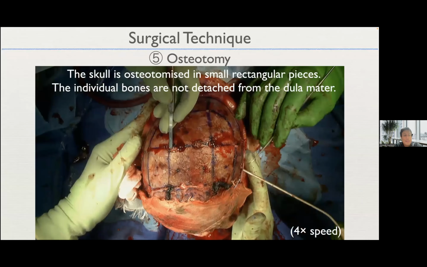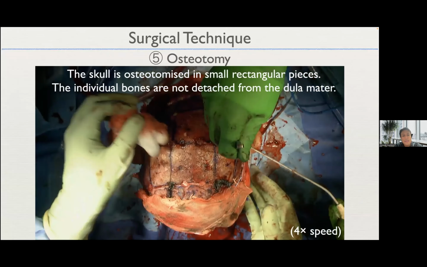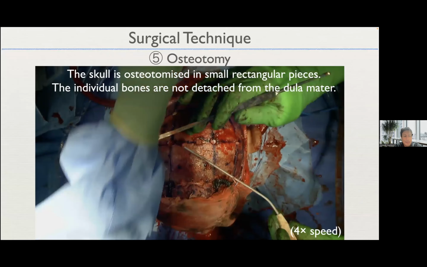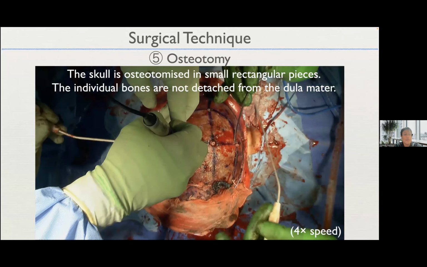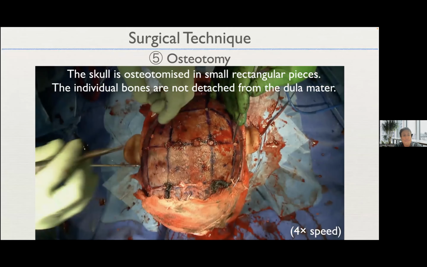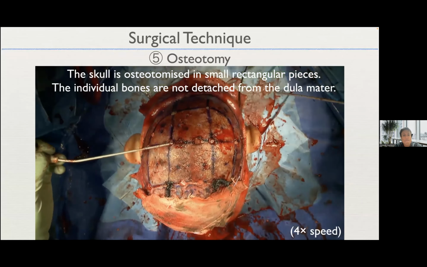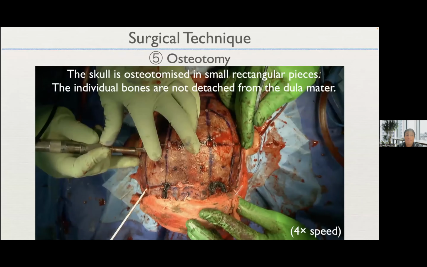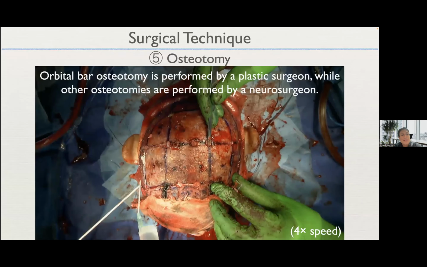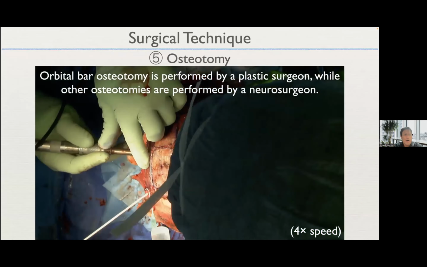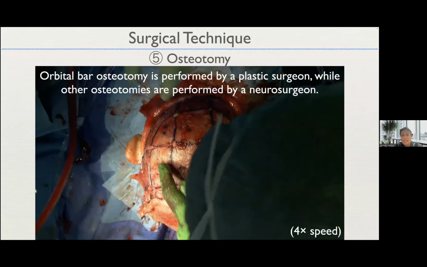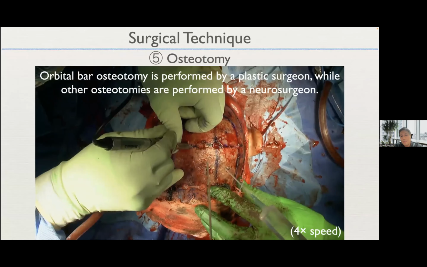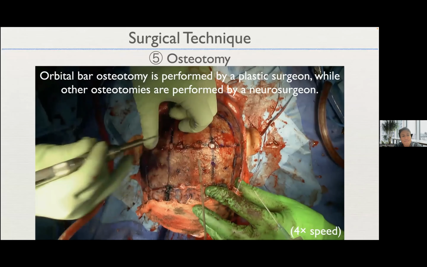The skull is osteotomized in small rectangular pieces. The individual bones are not detached from the dura mater. Orbital bar osteotomy is performed by a plastic surgeon, while other osteotomies are performed by a neurosurgeon.